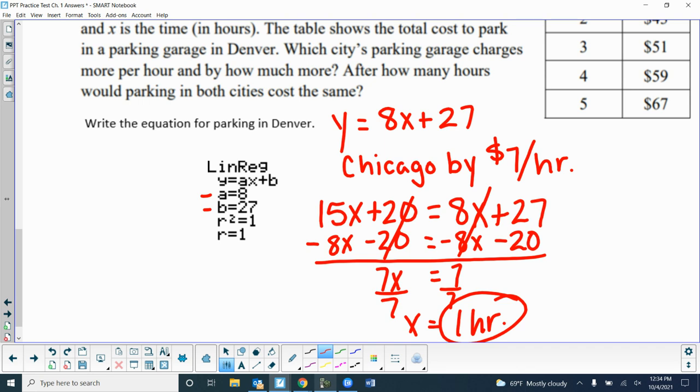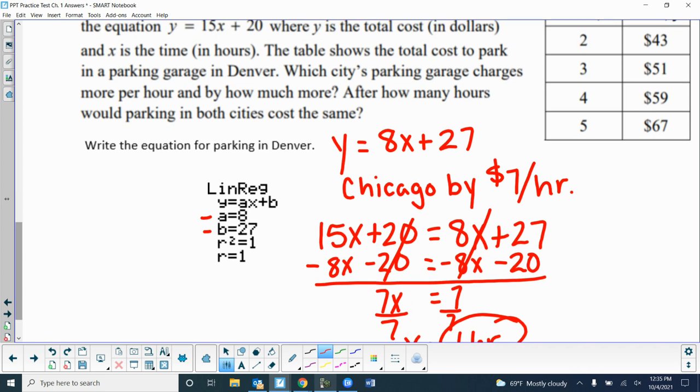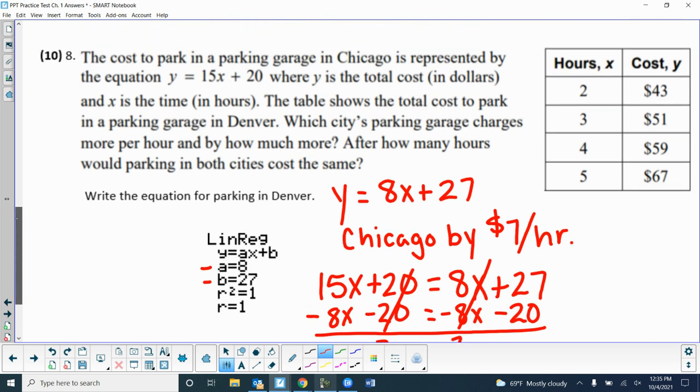All right, 8 times 1 is 8 plus 27 is 35, right? And then 15 times 1 is 15 plus 20 is 35. So after the first hour it's $35 for both parking garages. Questions on number 8?